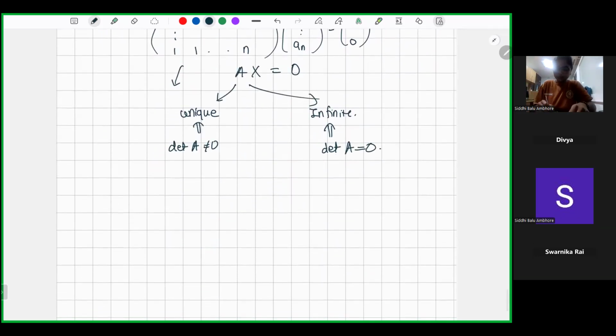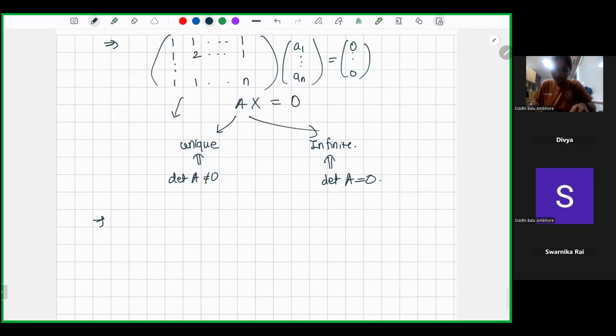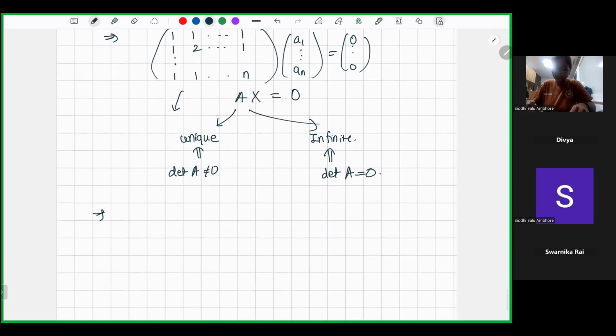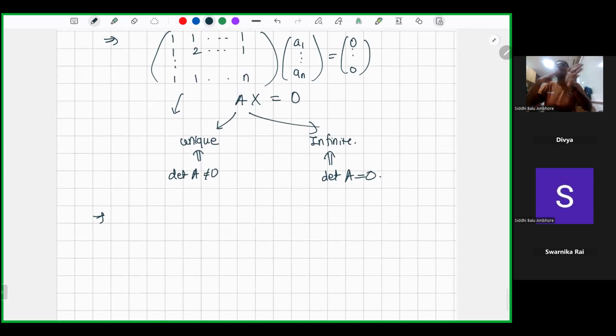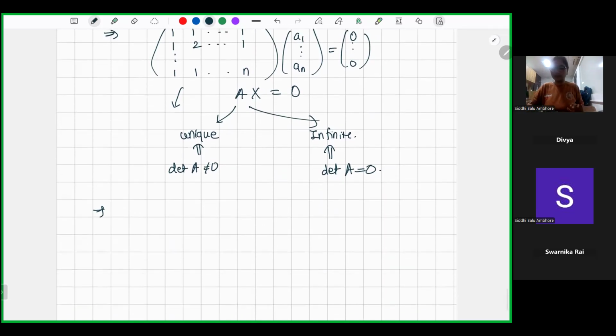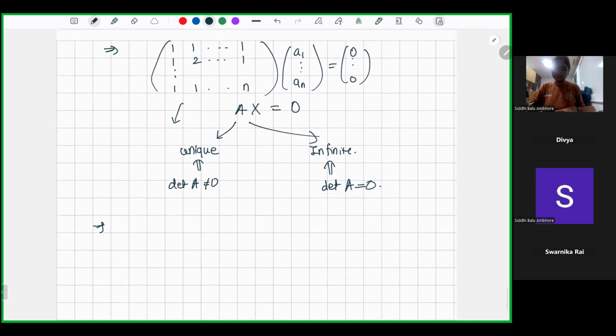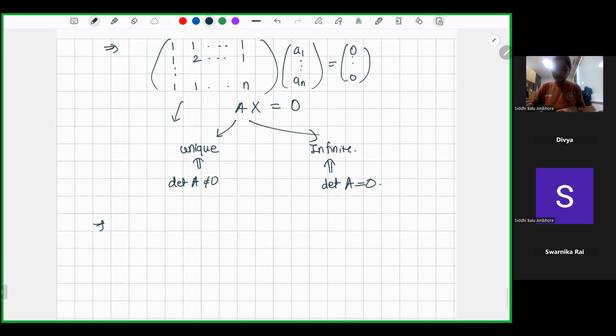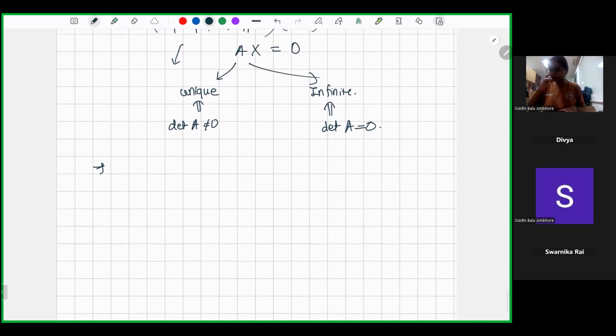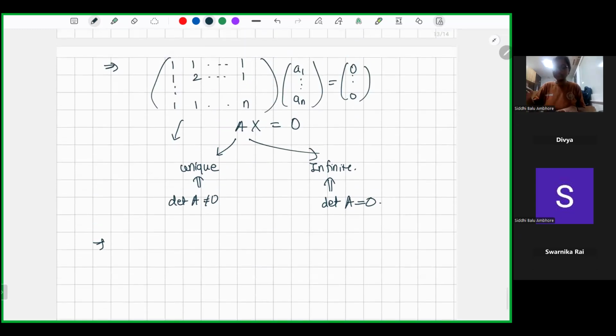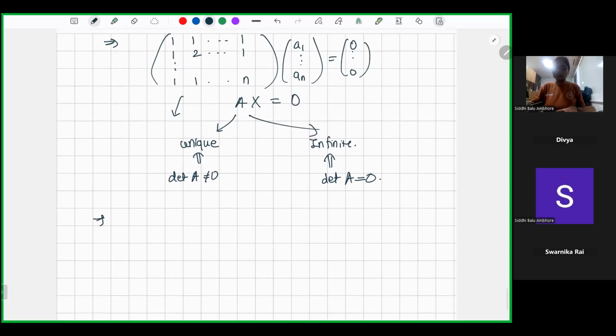Let us try to do this. We have to find the determinant. We don't have to convert the entire matrix into reduced form. I'll just show you two rows and then we can see that the determinant will be non-zero.